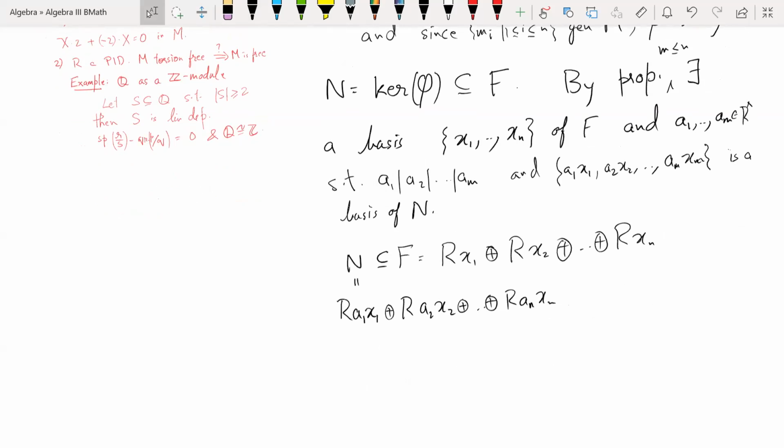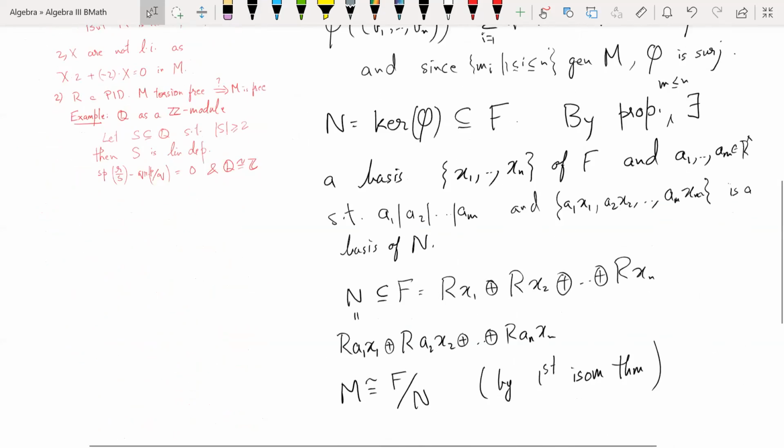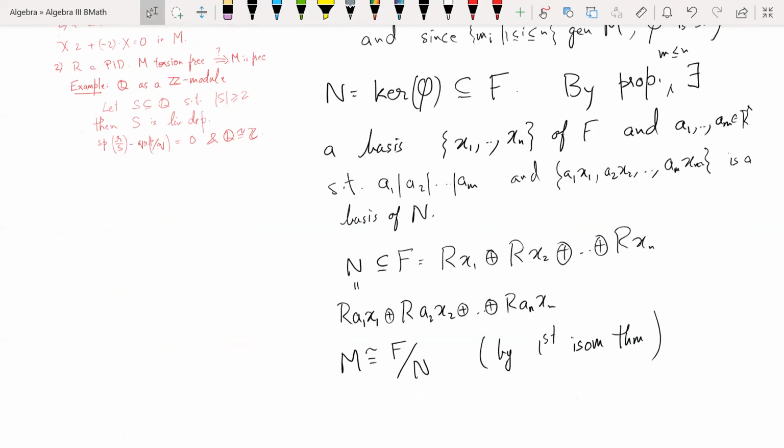Now if I take the quotient, M of course is isomorphic to F mod N, by the first isomorphism theorem, because phi is a surjective map onto M, so M is isomorphic to F mod the kernel of phi, which is N. But what is F mod N?